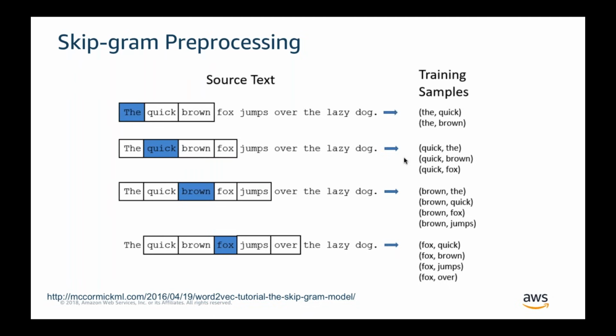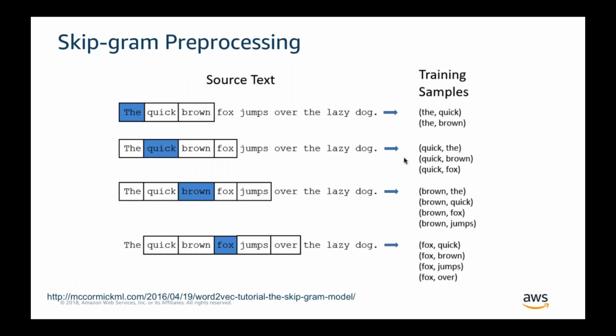If you apply the skipgram to this, you're creating word pairs, that is, pairing this word with any other word in its vicinity. The first pair here is the and quick, and the second pair is the and brown, and this is the first data set for the word the.